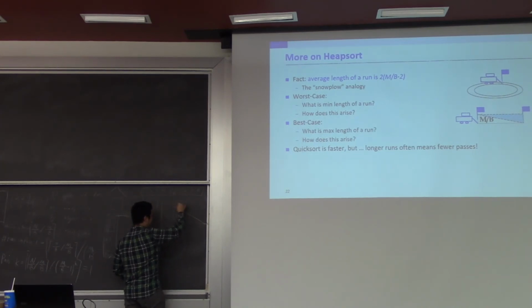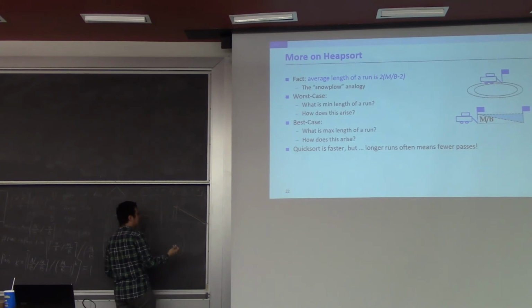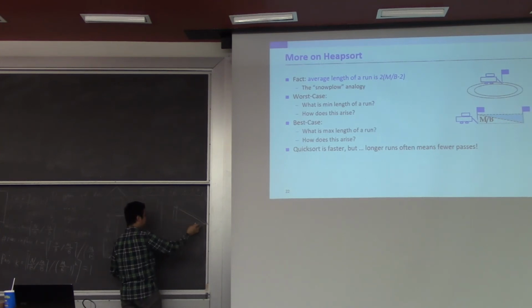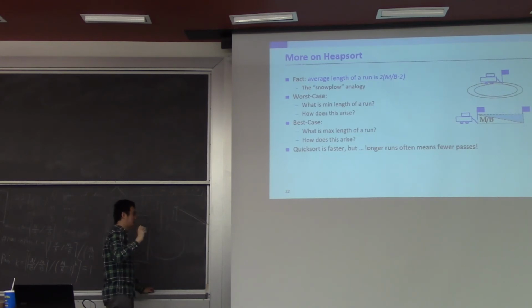So it's like this, right? When you move forward a little bit. Now when you complete a full circle, since this is circular, you can bring this back to this point, and you can think about how much snow you have removed.